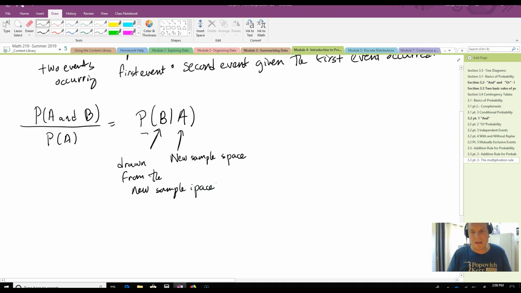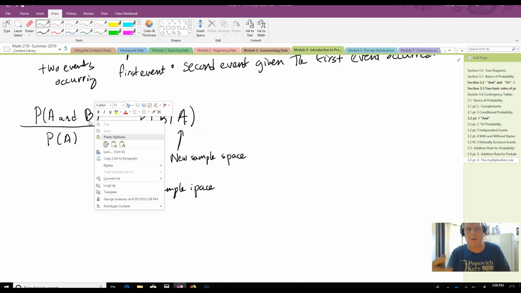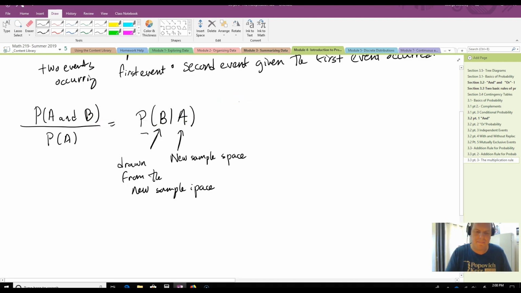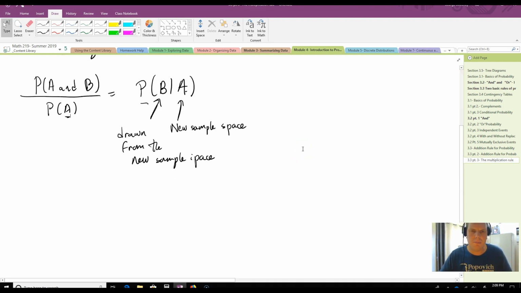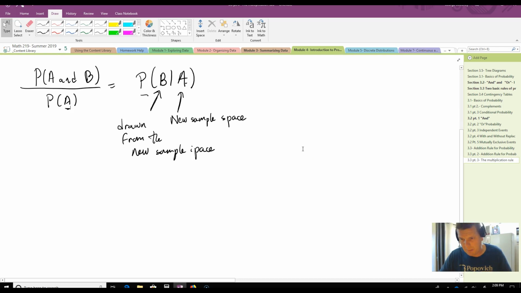So consequently, the number of B's that we're looking for is however many there are in both A and B, because we're picking only from A and they have all the qualities of B, so it's going to be A and B. And then our A, that's our new sample space, so that's the new size of the total. That's how we're thinking about it. So this works a lot like conditional probability. In fact, it works exactly like conditional probability.